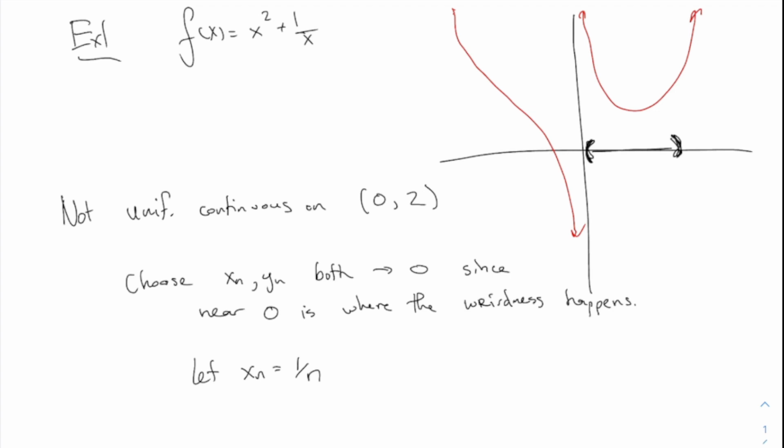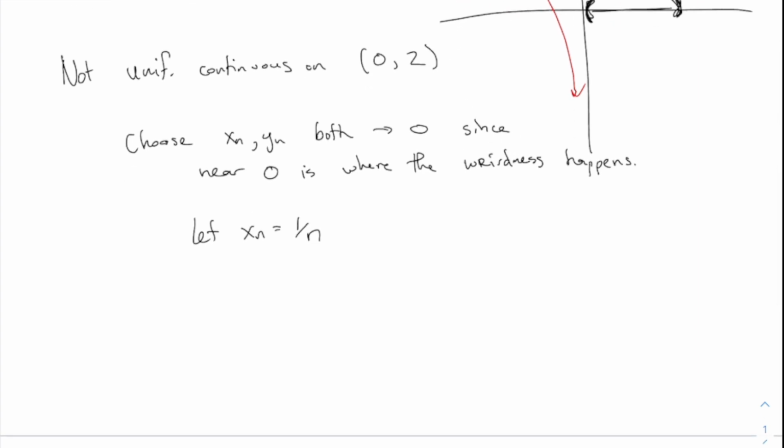I have to choose another sequence which approaches 0. And when you're doing these kinds of arguments, it's a bit of trial and error, or you have to get accustomed to how these arguments generally work out. So I'm going to give you some options here. I'll tell you the one that actually works out. But for yn, I would try variations on 1 over n. It can't be the same sequence, but it has to be something which is kind of close.